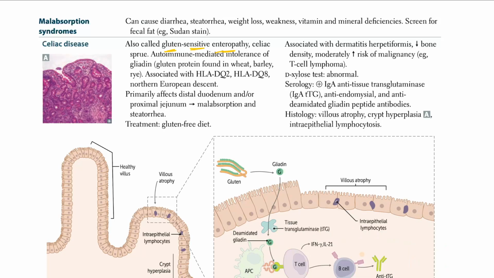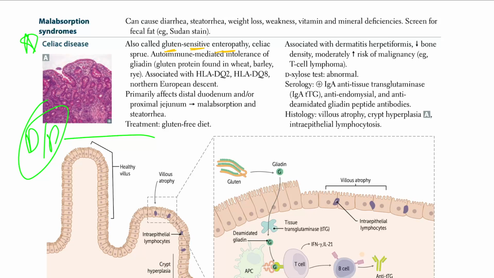All right. So one more thing is differentials to this. The differential to celiac disease is, all of these details that I'm talking about might sound like too much, but this disease is very important.